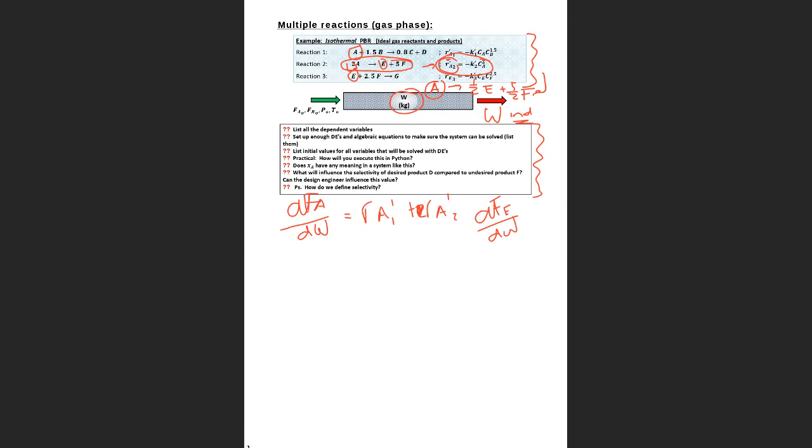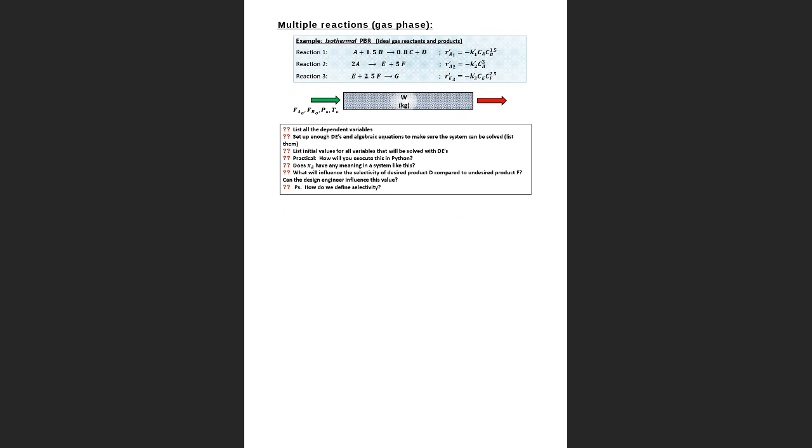Let's just look at E now. If I look at E, I know what the rate equation is going to look like. I've got the equation for dFE/dW, and it gets formed in this one as minus half the rate of A in reaction 2, and it gets used in that one plus RE3.